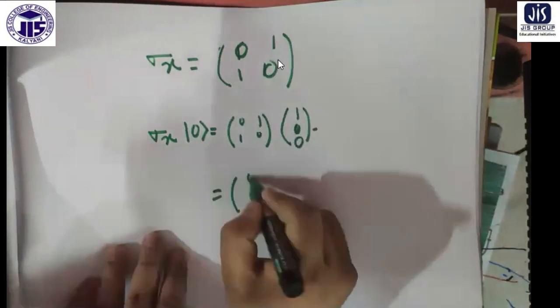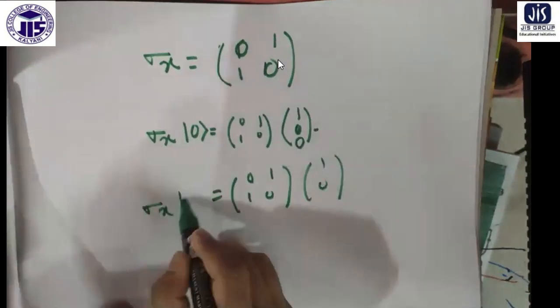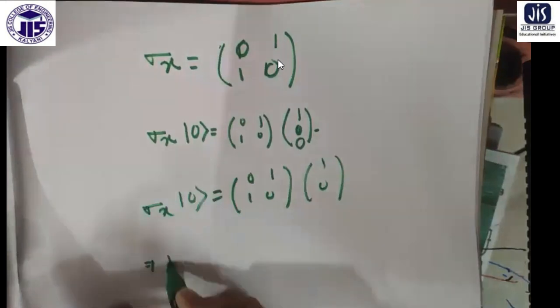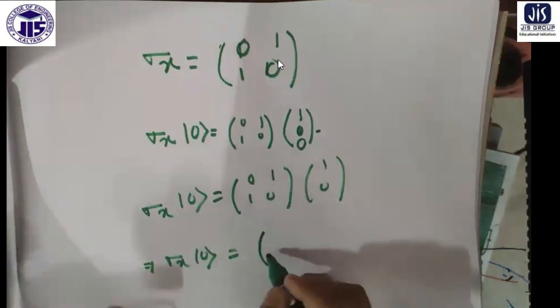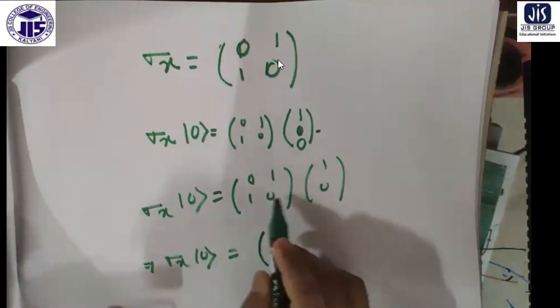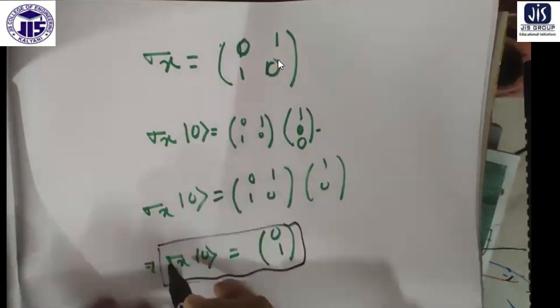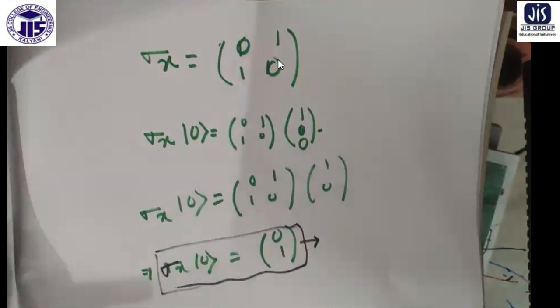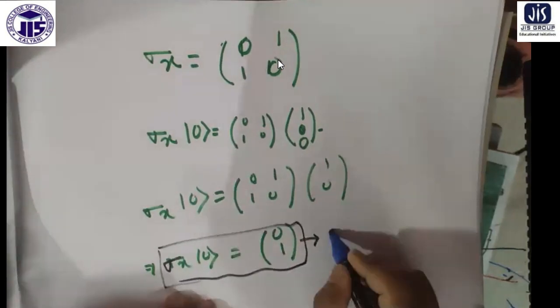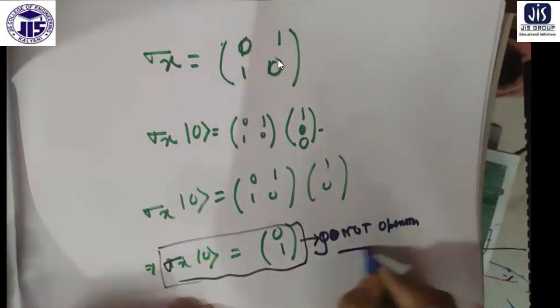If you look at the operation, sigma x on 0 is 0 1 1 0 times 0, which gives 0 1. Now this is the idea of what it is doing. It is doing the NOT operation. This is basically the quantum NOT operation.